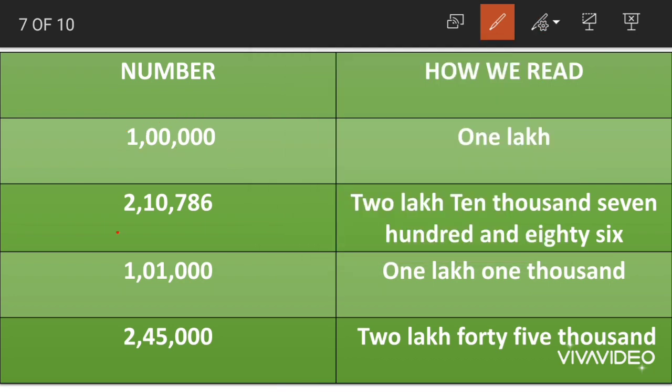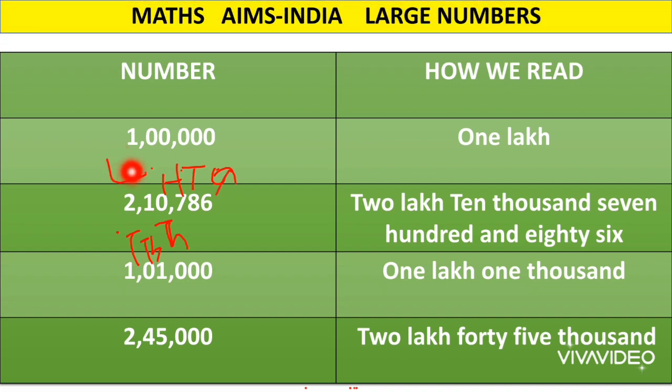Again, let us write the place values: ones, tens, hundreds, thousands, 10,000s and lakhs. Okay, children? Coming to the first digit, 2 is at lakhs place. So we read it as 2 lakhs. 1 is at 10,000s place and 0 is at thousands place.